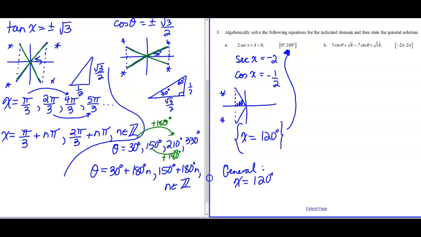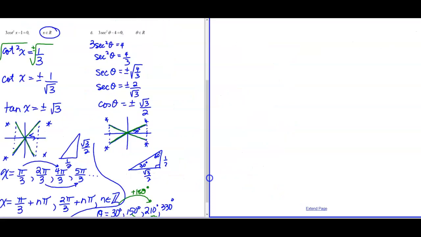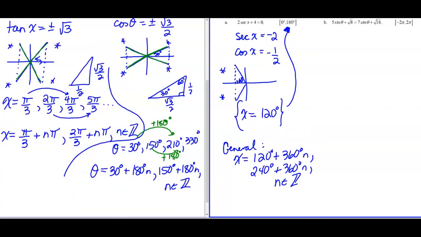So I'm going to need two separate statements, 120 plus multiples of 360, and then 240 plus multiples of 360.